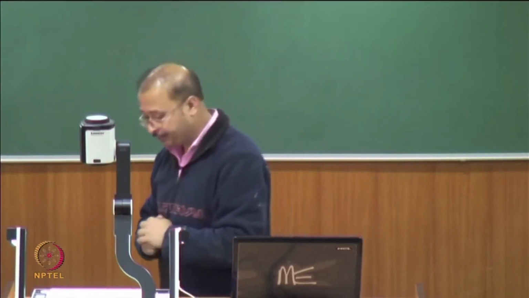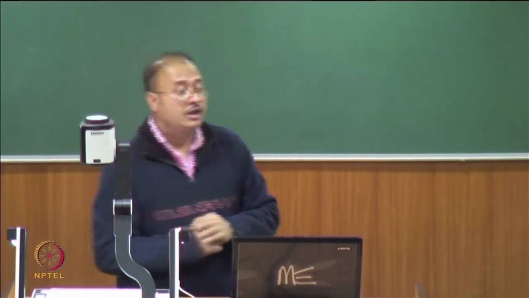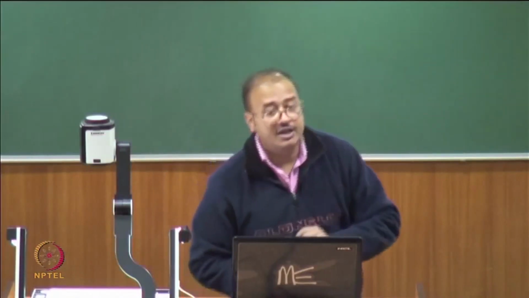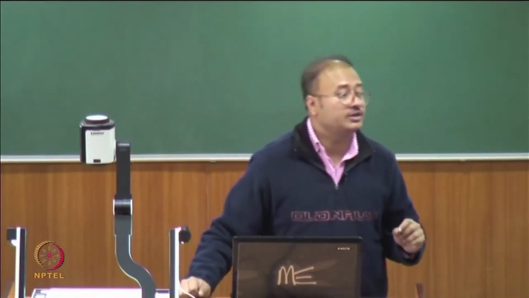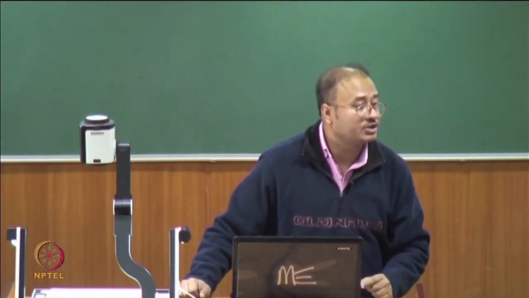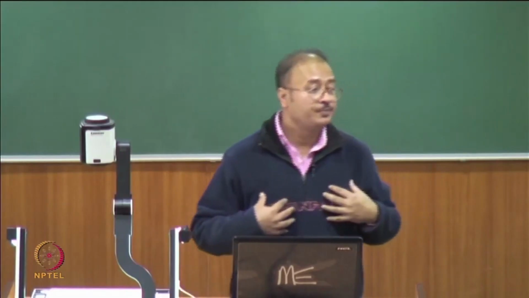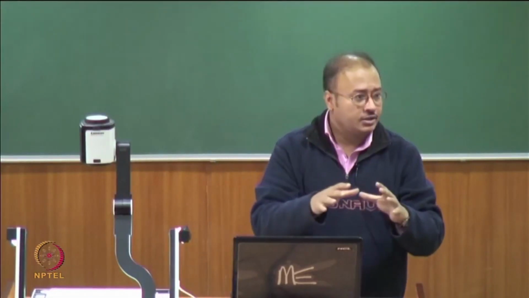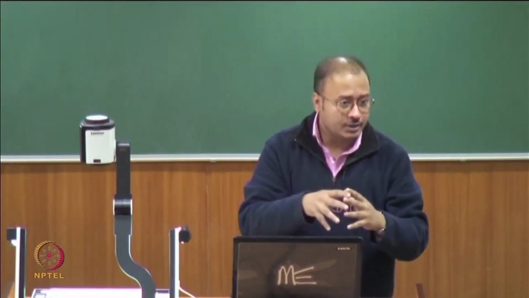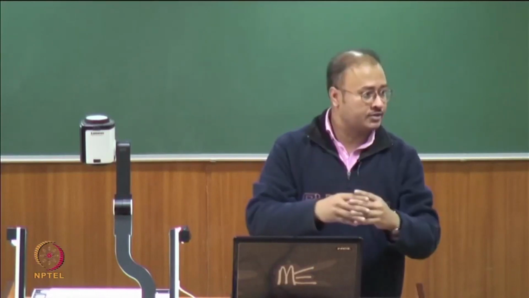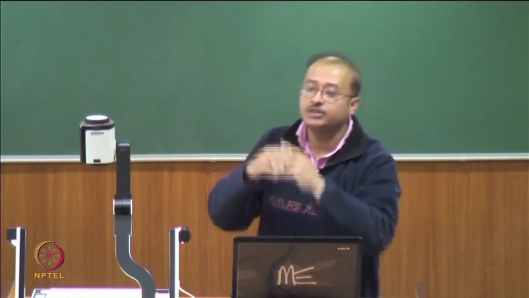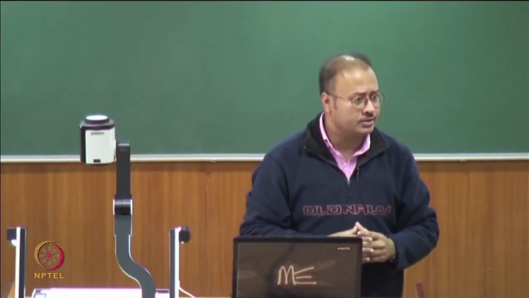That was number 1. Number 2 is, if you are considering a native state and a denatured state, please do not think that the native state is only one structure or the denatured state is only one structure. What we mean is that in the native state you have an ensemble of structures, quite a few structures which characterize the native state. They have very similar properties.